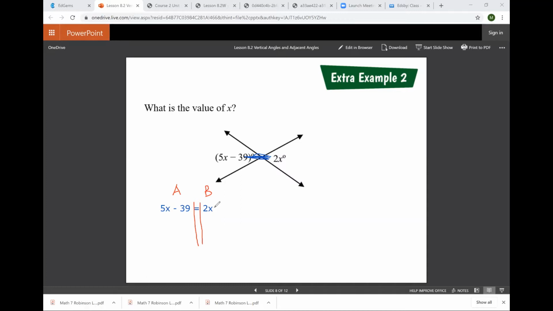I want to move all my variables to the same side. So I have a variable on side A and I have a variable on side B. But here's the catch. You don't want to leave a side empty. Very important. You don't want to leave a side empty.